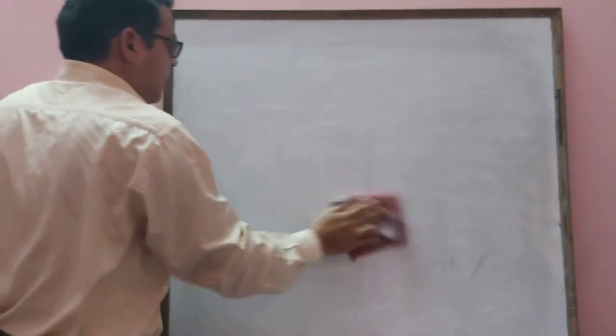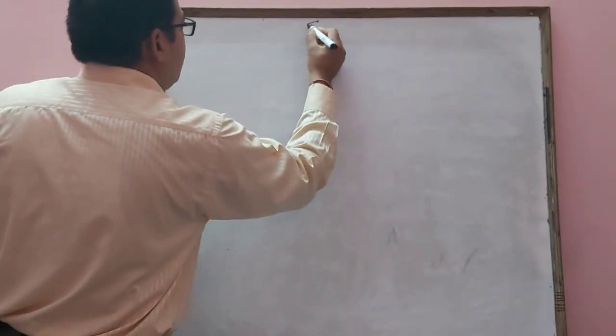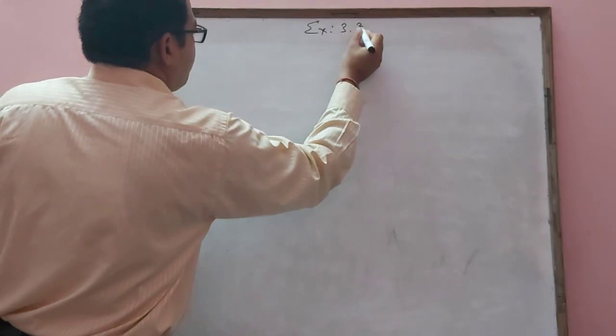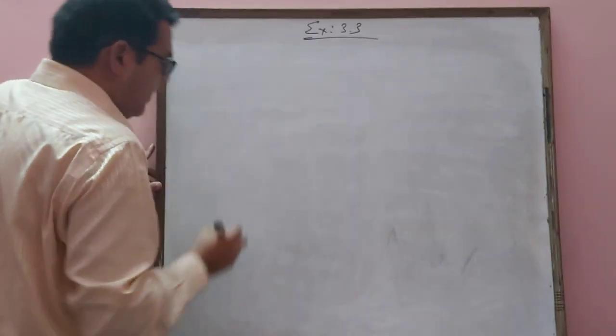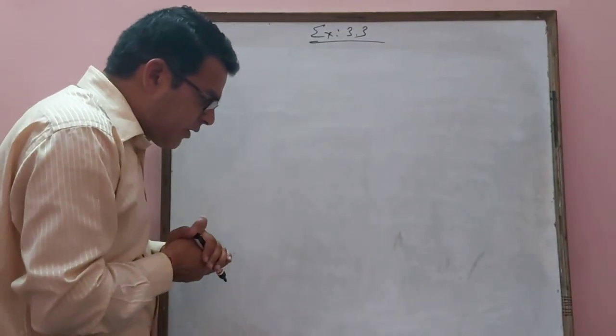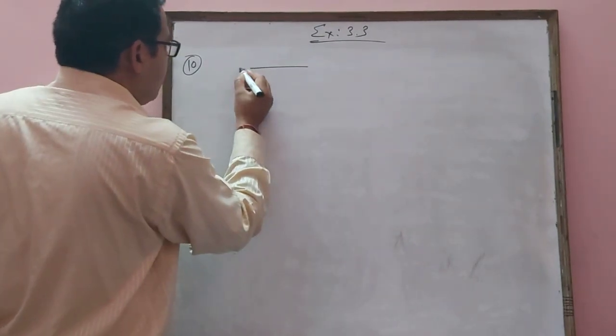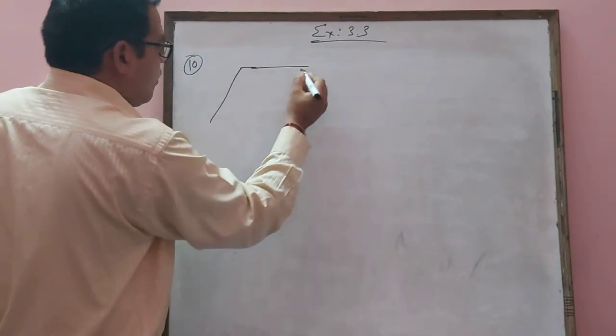So exercise 3.3. One boy is having a problem in question number 10. The question is, explain how this figure is a trapezium. One figure is given over there. Let me draw this figure.